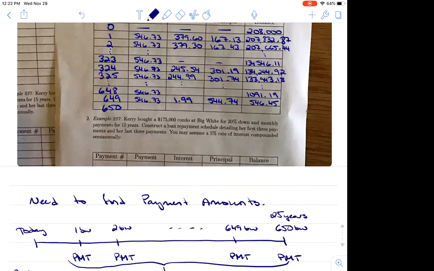So you're going to calculate the interest that you would have had to pay, and then add the interest plus the principal to get that last payment amount, because it's where you're going to square up your account. And so we have to have a balance of zero here, and we have to pay $546.45 for our principal.